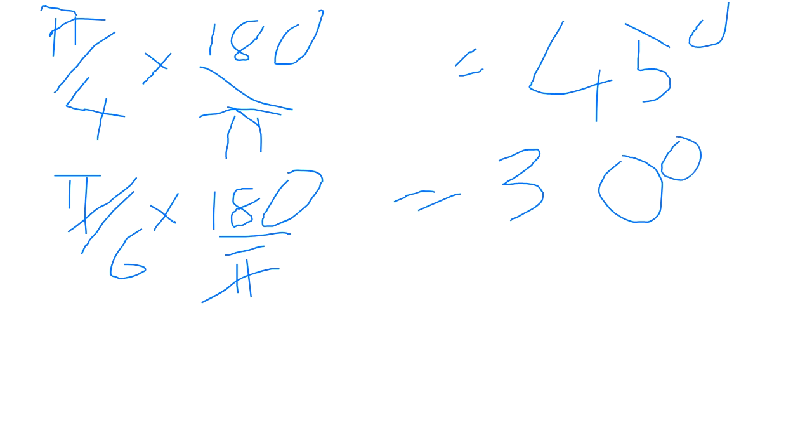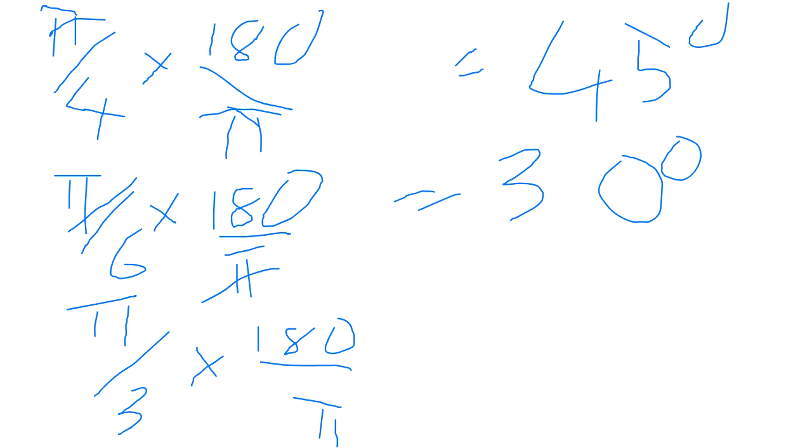Then the last one, if you have pi over 3, it will be times 180 over pi. This pi will cancel this pi. Then you are going to get the answer to be 60 degrees.